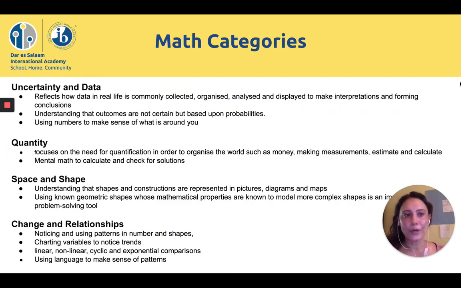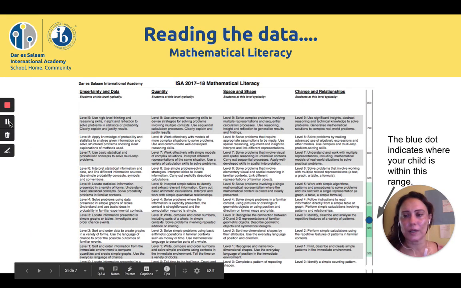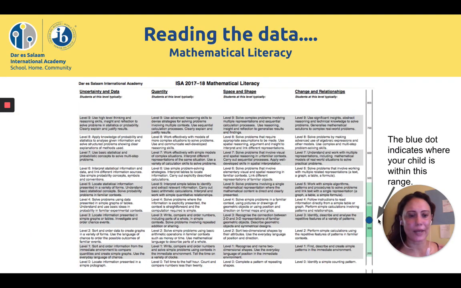The categories that you will also see reflect what is in our continuum. And these math categories are uncertainty and data, quantity, space and shape, and change and relationships. In reading the data from these categories, this is what your child's score would look like.